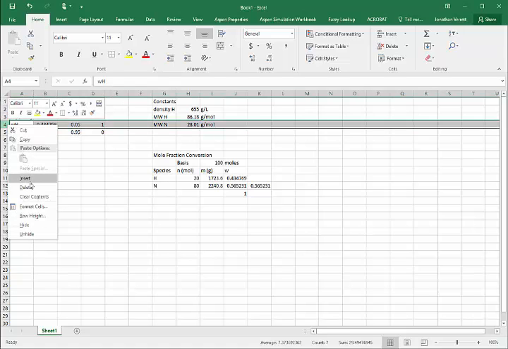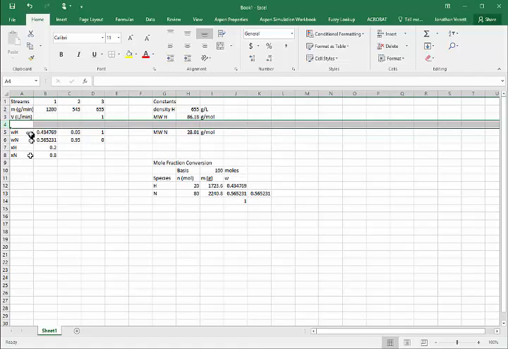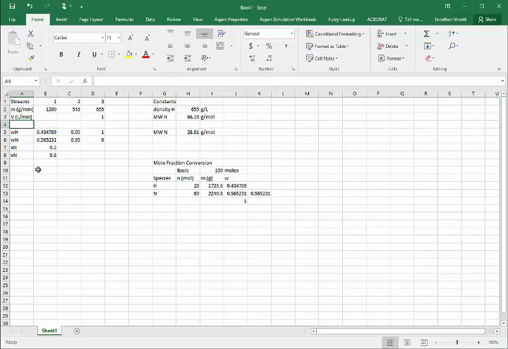And then I'm just going to insert a row in here. And I'm also going to have the mass flow of nitrogen. So the mass flow of nitrogen, I said it's M1 times the weight fraction of nitrogen, and that has to be equal to M2 times the weight fraction of nitrogen.